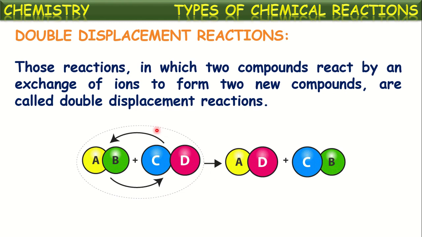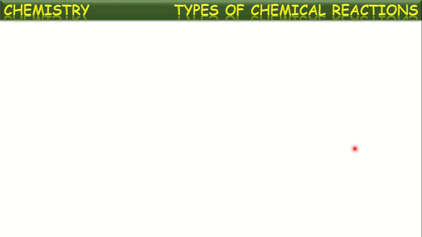They are exchanging their ions mutually to form new substances. This kind of reaction is called double displacement or double decomposition reaction, because two compounds split into simpler substances and rejoin their ions to form new compounds. That's why they are called double decomposition or double displacement reactions.